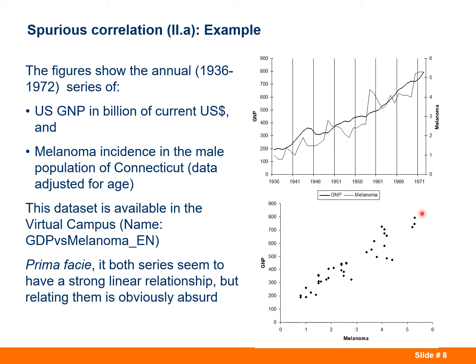It shows a nice linear relationship. This dataset is available in the virtual campus with this name, GDP versus melanoma EN. Prima facie, both series seem to have a strong relationship, but it is absurd. The reason why they seem to be related is that both are trending. So when you are relating trending time series, you have to be very careful.